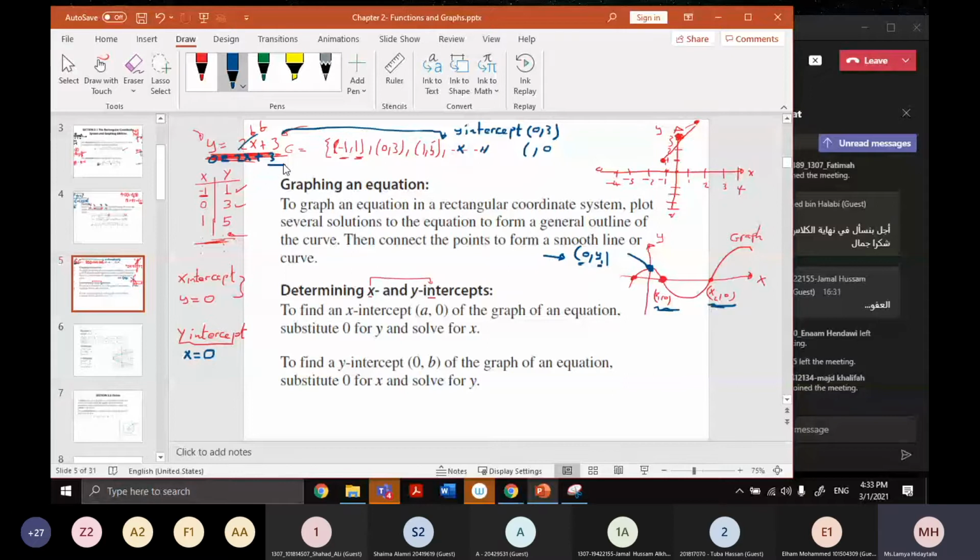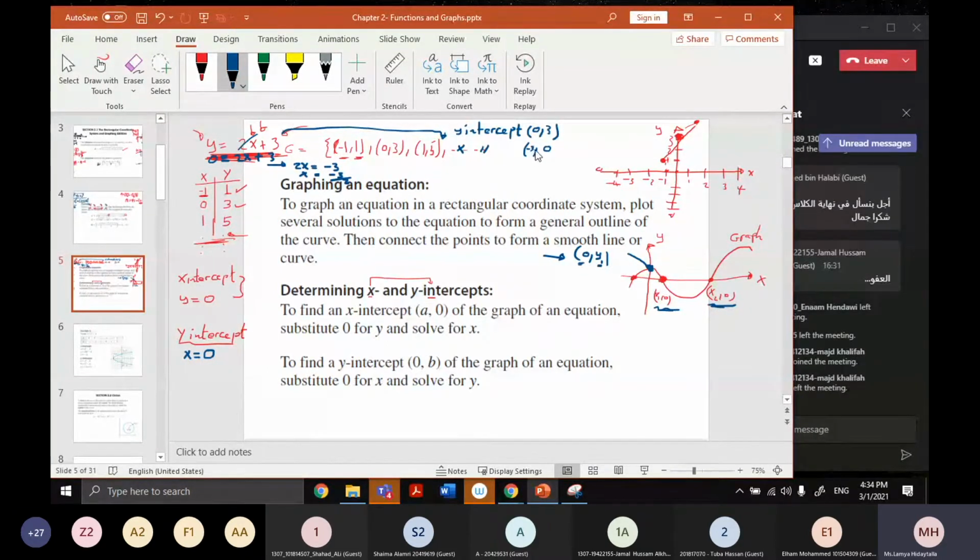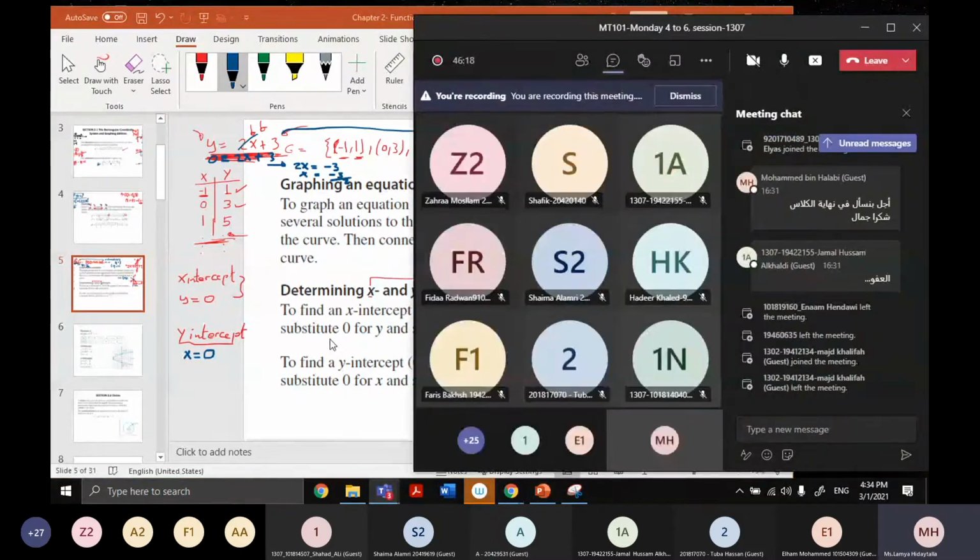So what is the x value? 2x is equal to minus 3, so x is equal to minus 3 over 2. So the point is minus 3 over 2 and 0, like that. So is it clear? Is it clear?